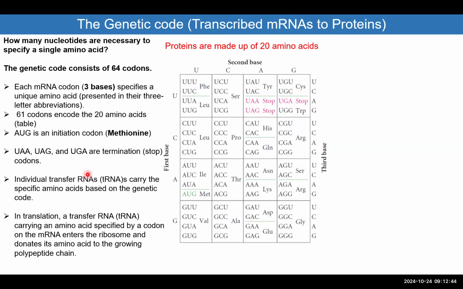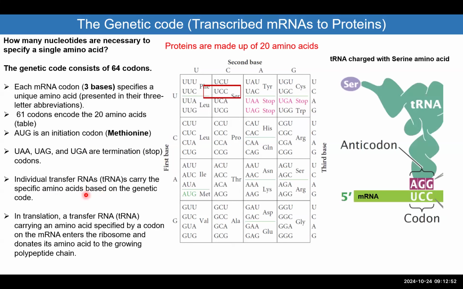Now, the individual transfer RNA should carry the specific amino acids, as I said before, and I mentioned that one of the codons that could code for serine is the UCC. Therefore, if you are reading on the messenger RNA and you reach a UCC, the transfer RNA is going to add a serine to that.